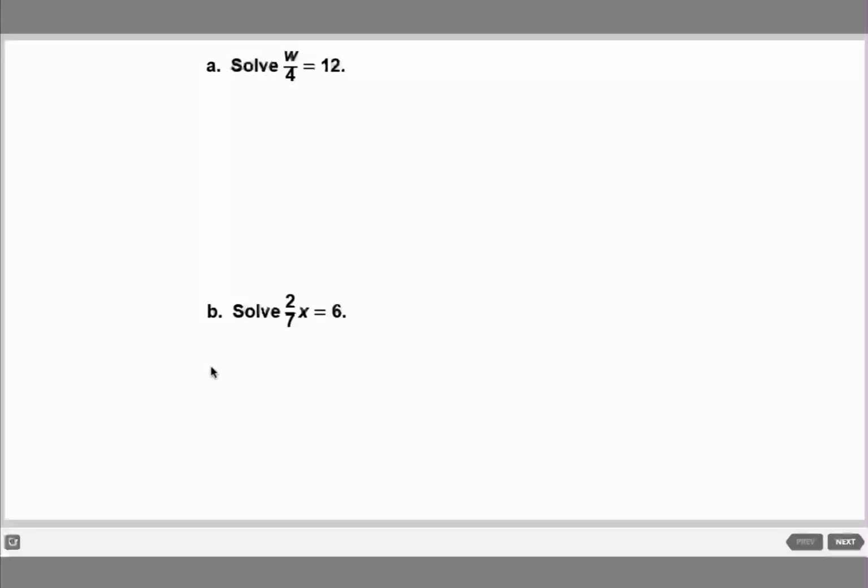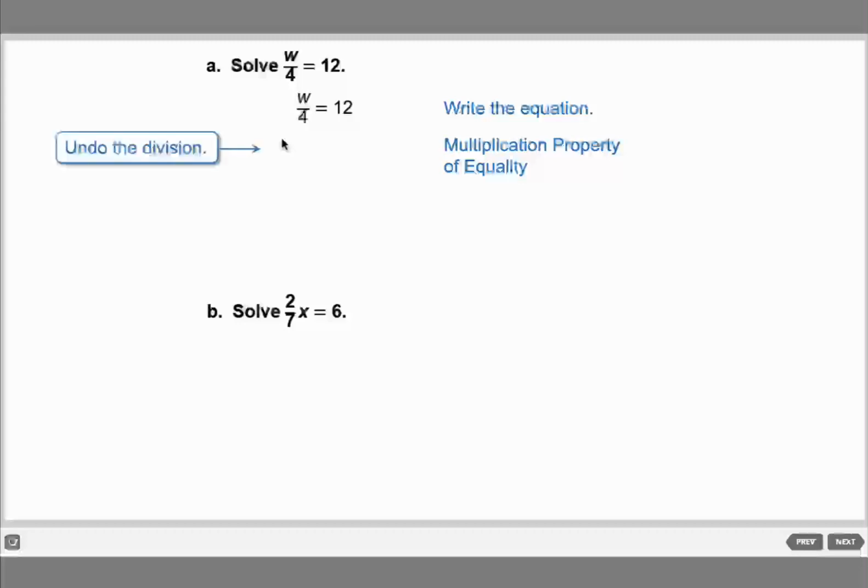Multiplication. So we need to multiply both sides by the number that we need to remove. We need to remove the 4, so we should multiply both sides by 4. Why? To undo the division, use multiplication, because division and multiplication are inverse operations. They undo each other.